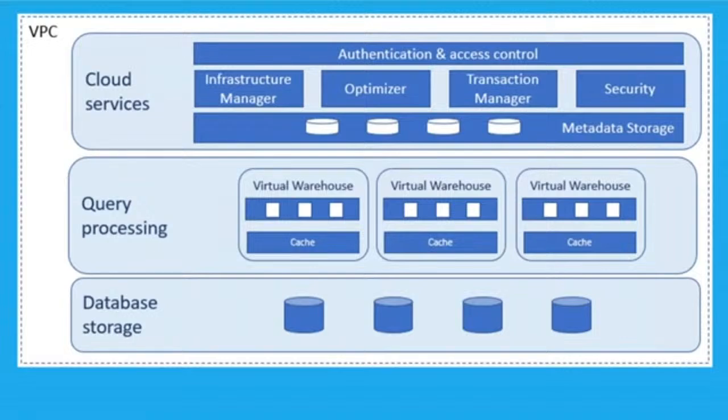It is required to process all your requests, whether you are submitting workloads or queries, retrieving data from Snowflake, or loading data into Snowflake. To process all these requests, your virtual compute warehouses, which are hardware resources, are required. This is the basic concept of the query processing layer. Is this clear? If you are clear on this, next I will go into the next points in the query processing layer.